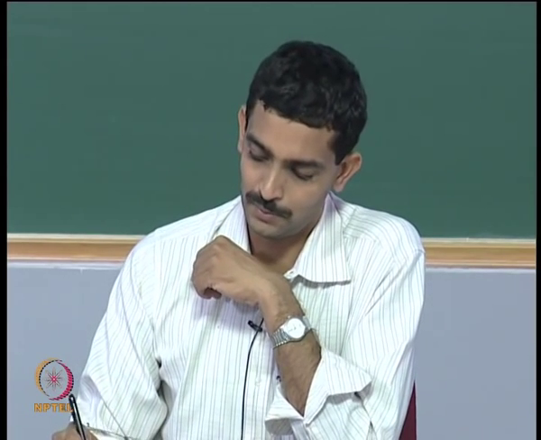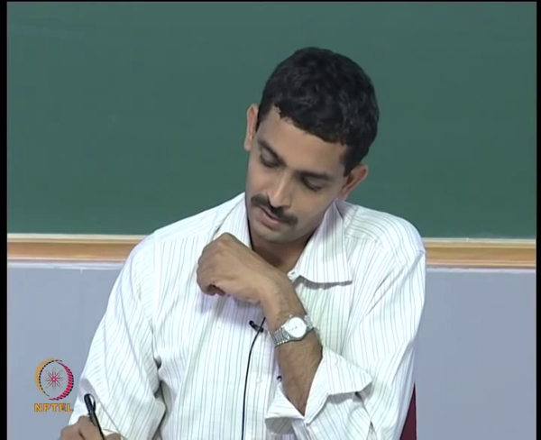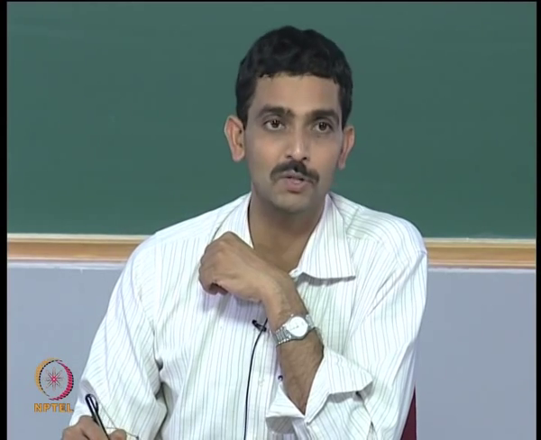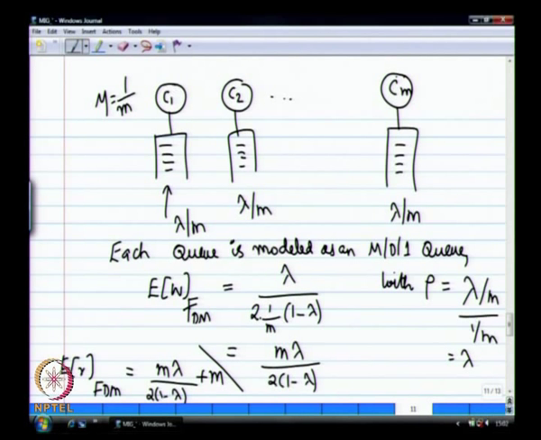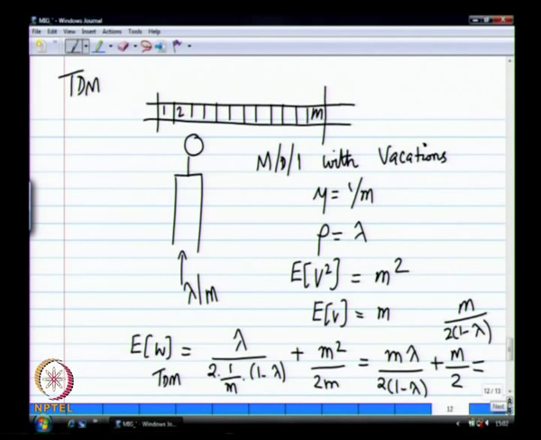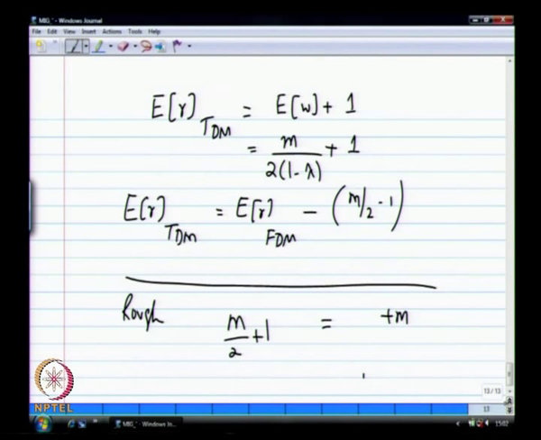The m lambda by 2 m 1 minus lambda term is the same for both. There is m by 2 plus 1 here, and there is plus m there. So therefore this is equal to, yeah, I am going to bring this fellow to this side.